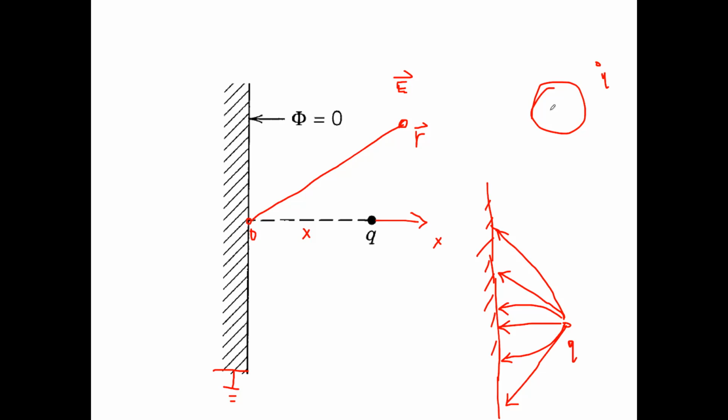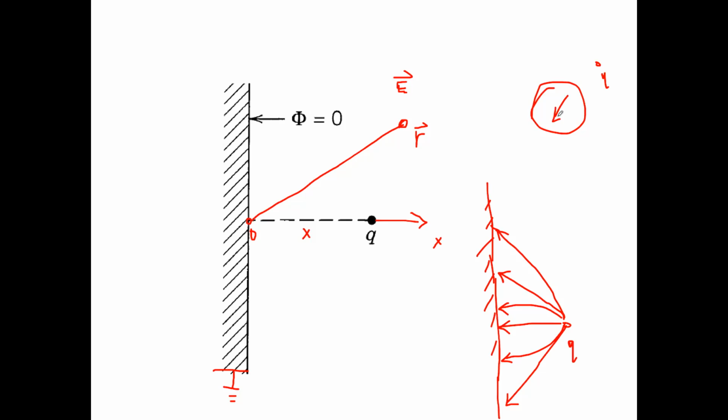Zero. No field lines. Why? Can you explain? Yeah, it will cancel out. Or in another way, if there is a field line inside, what happens? It's a conductor.